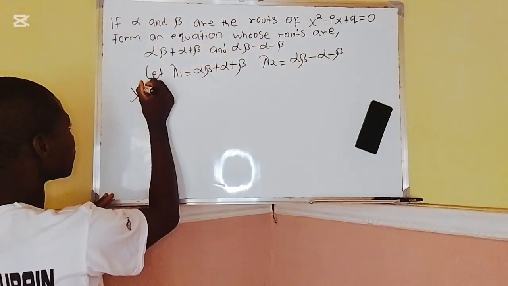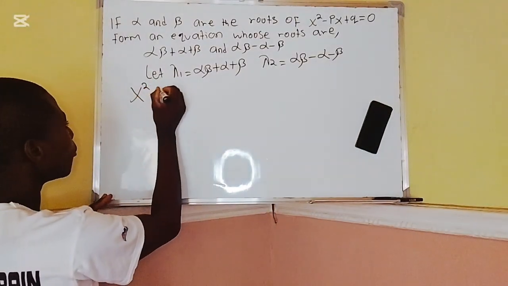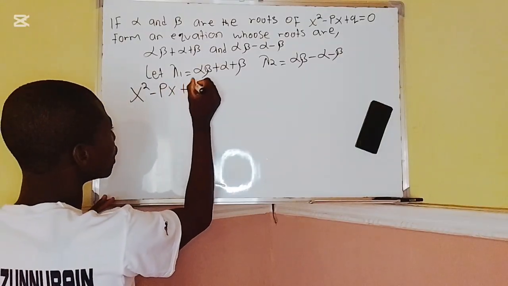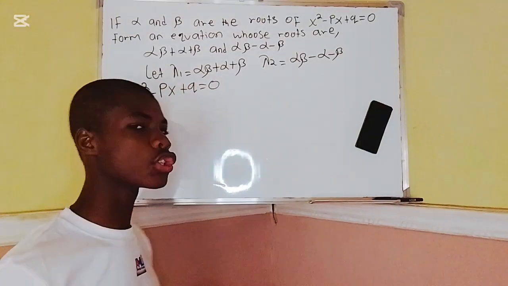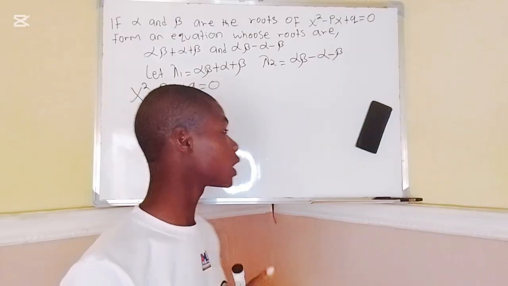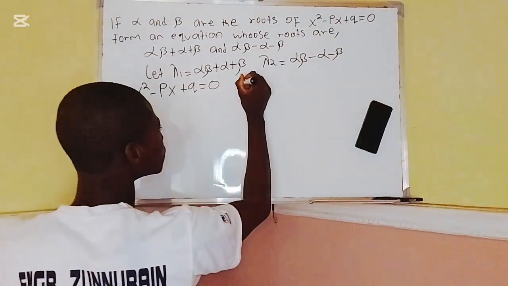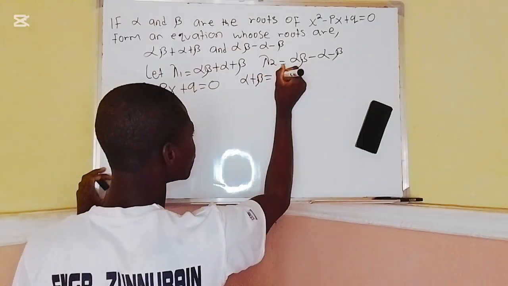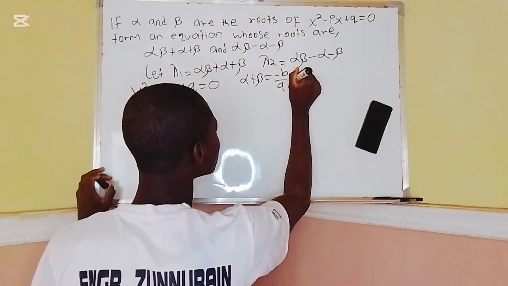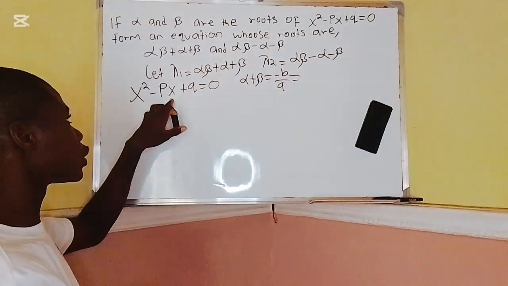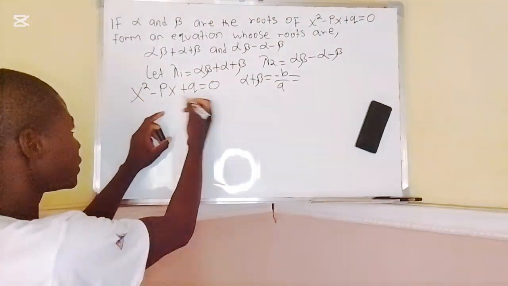For instance, I'm giving this x squared minus px plus q equals 0. So I have to find the sum of the roots and product of the roots of this equation. The sum of the roots, alpha plus beta, equals minus b over a. Here this is a, this is b, and this is c.